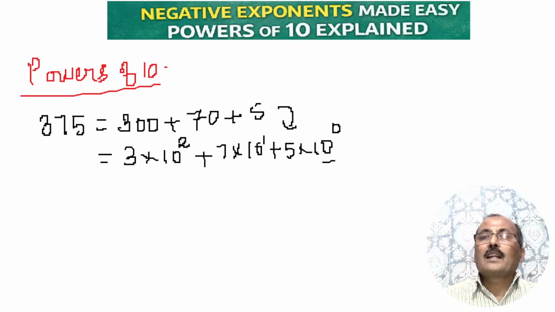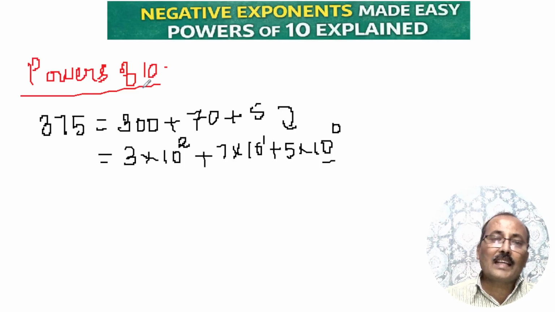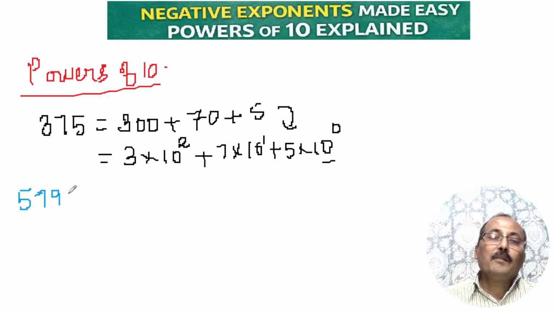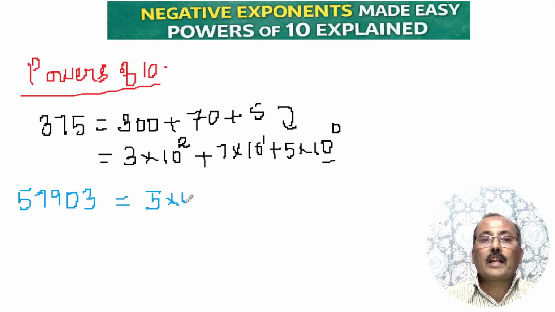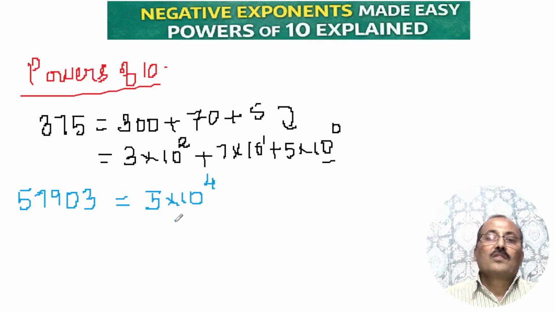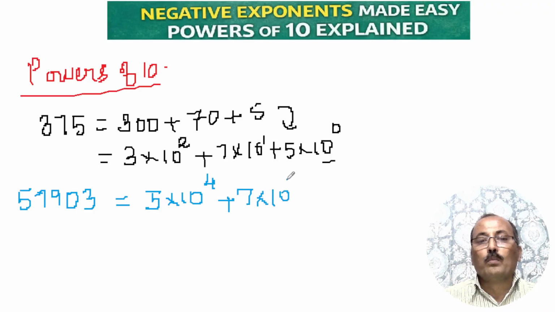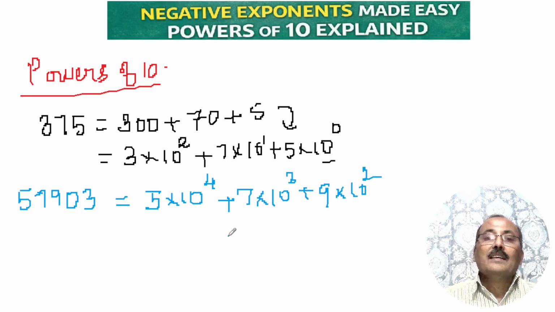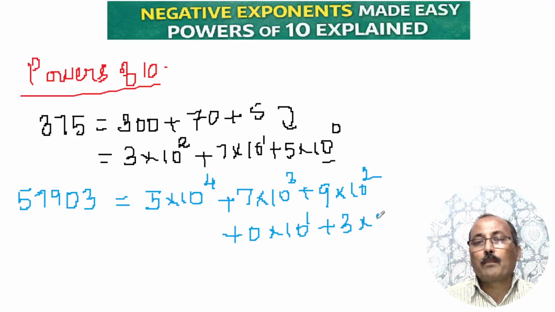Now take any other number. What are powers of 10? We are writing the given number in terms of powers of 10. Now take 5, 7, 9, 0, 3. 5 into 10 to the power of 4, that is 5 into 10,000, 50,000, plus 7 into 10 cube plus 9 into 10 square plus 0 into 10 power 1 plus 3 into 10 power 0.